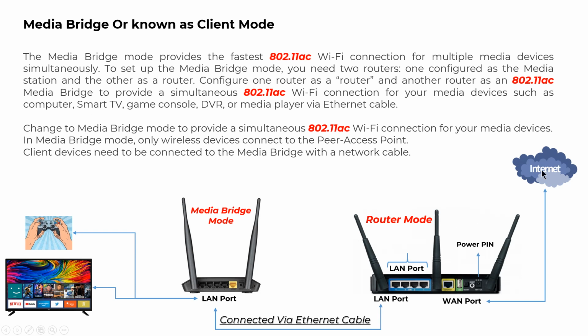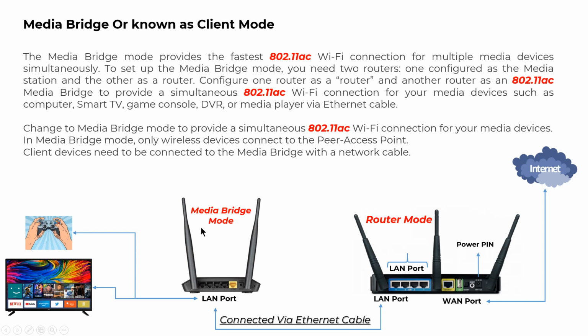As you can see, we have the internet line directly connected to the WAN port, or internet port, on our main router, which is acting in router mode. We have laid down one cable from a LAN port of the main router to our second router, which is acting in media bridge mode, connected via the Ethernet cable.